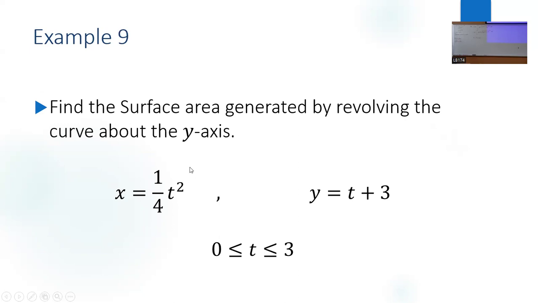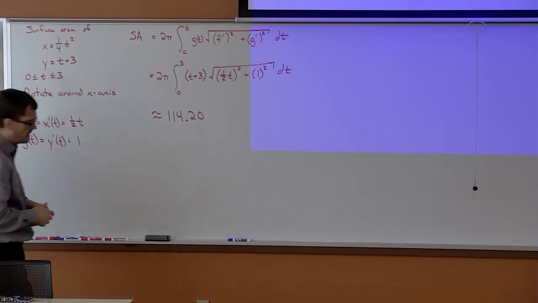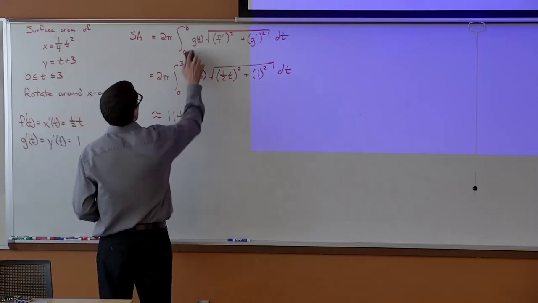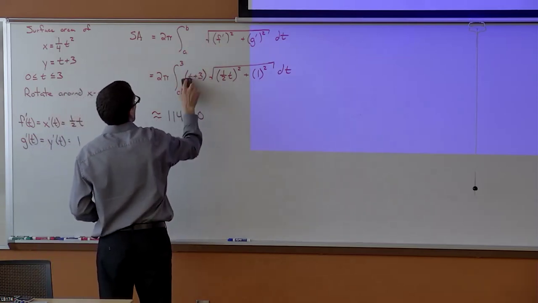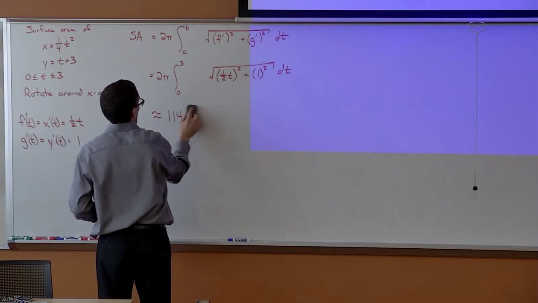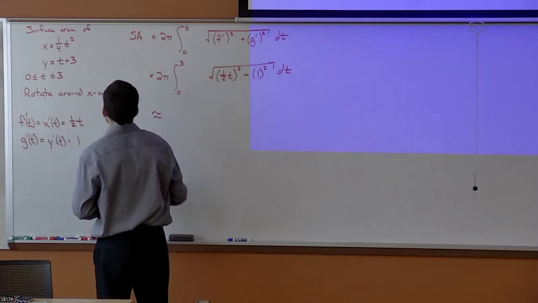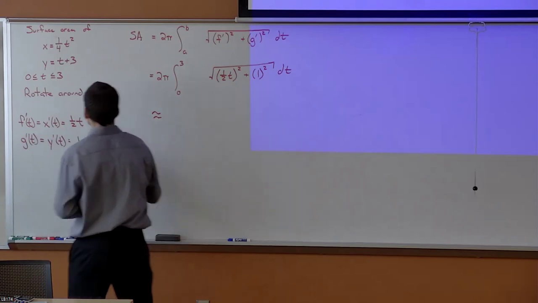Now, what's going to happen if we revolve this around the y-axis? Well, if we take that same curve and we revolve it around the y-axis, then the only thing that's going to change calculation-wise is that the g of t in front needs to change into an f of t, if we're rotating around the y-axis.